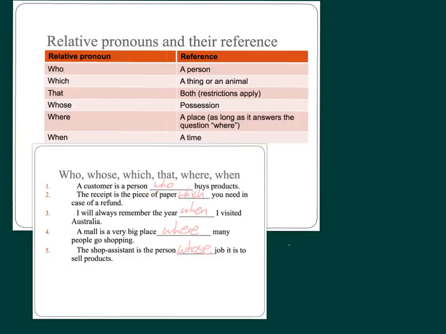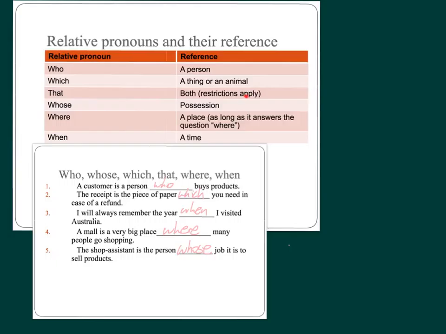So if the reference is a person, like a customer, okay, in Spanish we would say un cliente, which is always a person, then we need to use who, okay? If, on the other hand, the reference is an animal or a thing, like in sentence number 2, then we need which, okay? Well, in both, as we said earlier, we can use that.